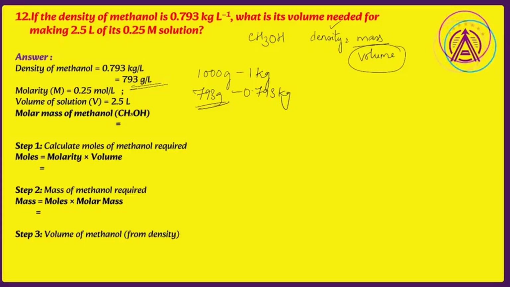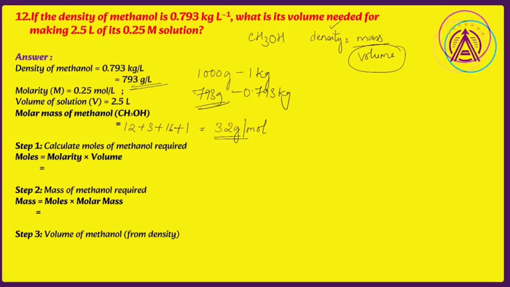Molarity is 0.25 moles per liter and volume is 2.5 liters. So molar mass of methanol, let us see, it is nothing but 12 plus 3 plus 16 plus 1. Correct? So I end up getting 32 grams per mole. Okay. Using the molarity, how can I find the number of moles?